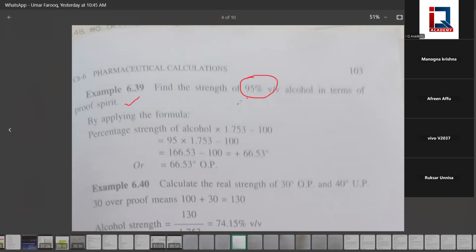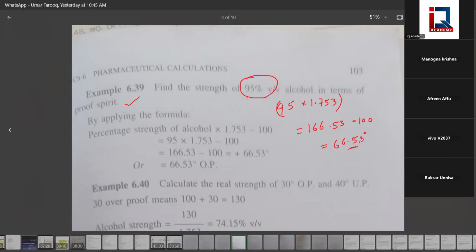So what I will do, step one, I will take this percentage, 95. Step two, I will multiply it with 1.753. So 95 into 1.753, please calculate. You will get 166.53. This product I will subtract by 100. So it will become 66.53 degrees.